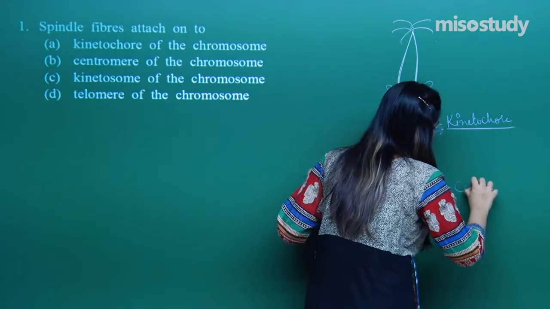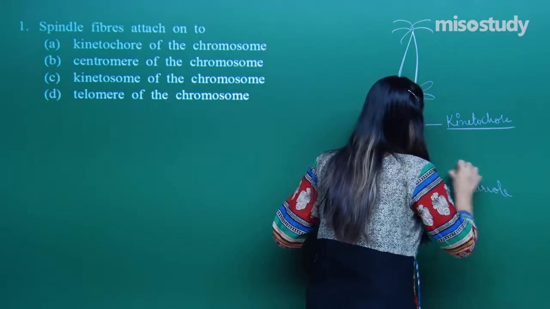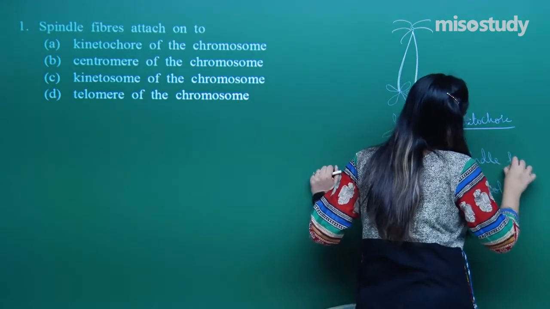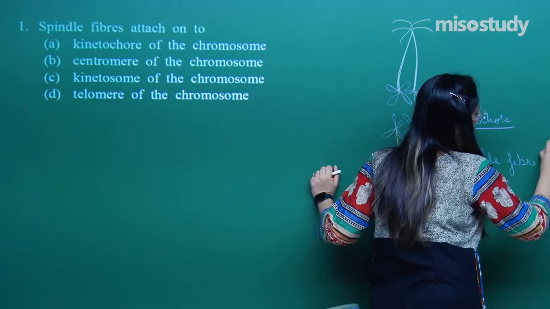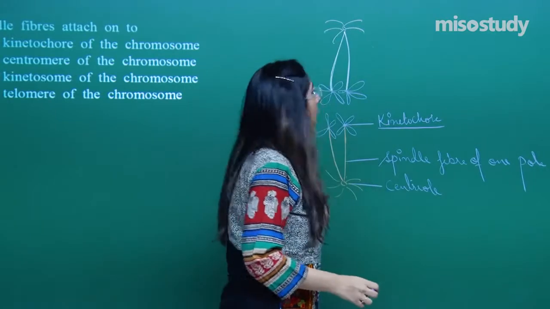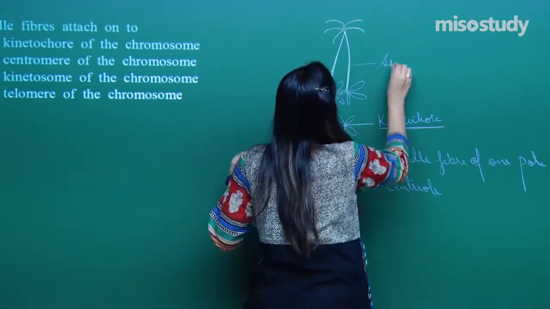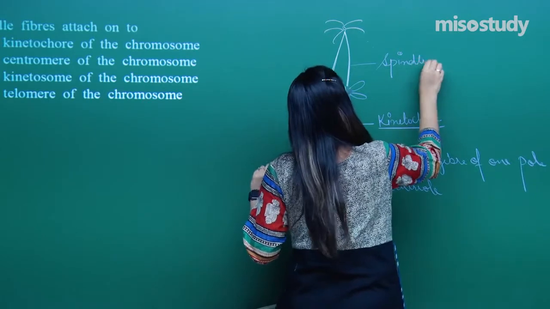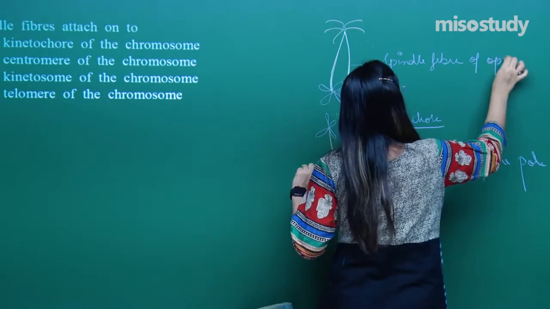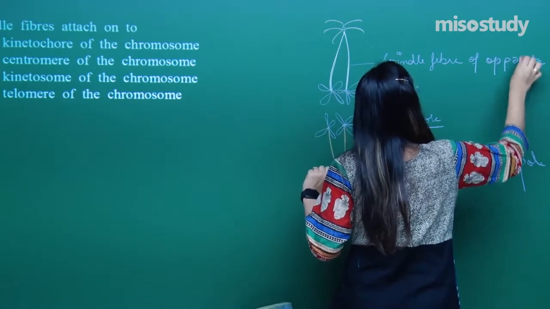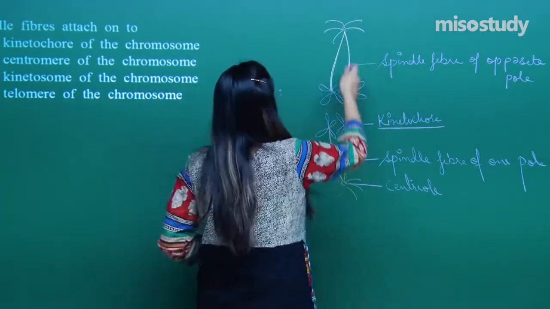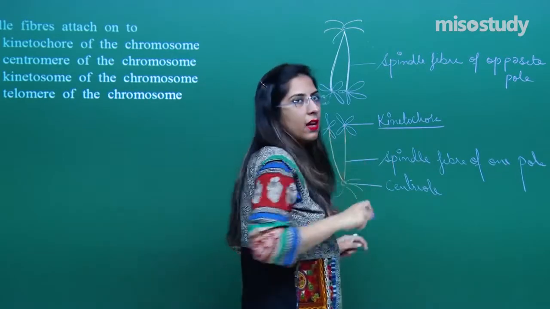These are centrioles. These are the spindle fibers of one pole, and these are the spindle fibers of the opposite pole. Similarly, this is also a centriole present at another end, and these are all enclosed in the membrane.